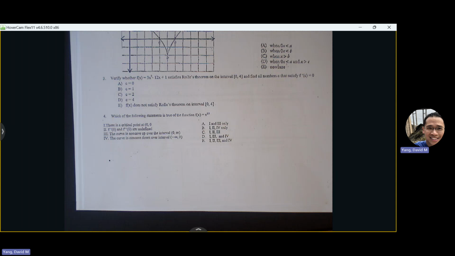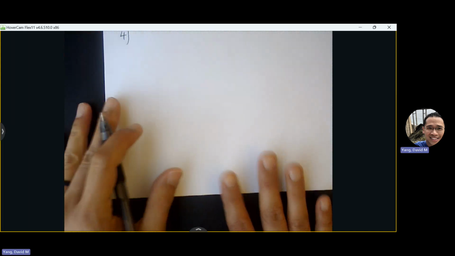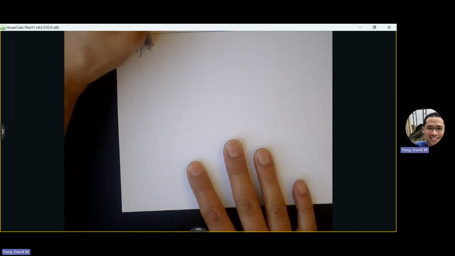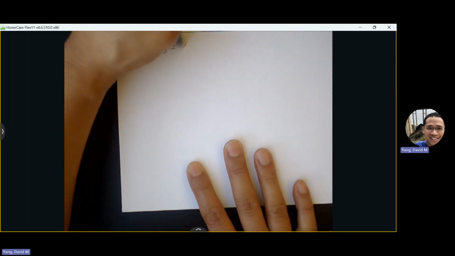Let's create our slope sign line. Let's create our concavity sign line. Let's have everything in front of us, and then we should be able to check off which ones apply. So I'm just going to treat this like a curve sketching problem and build everything about the first and the second derivative.